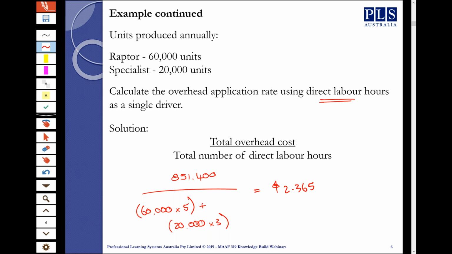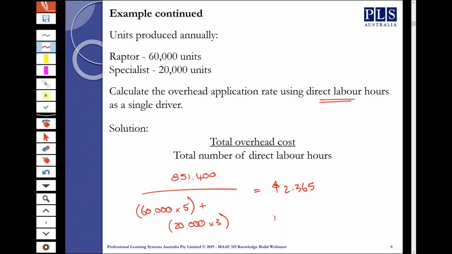And guys, the Institute's a little bit inconsistent in this area with rounding, so I'll work with 2.365. Some questions you'll find they'll round it to 2.37, 2.36, that sort of logic. I'm just keeping it as a full number. But that's a rate per hour.